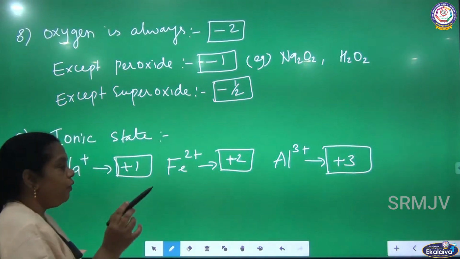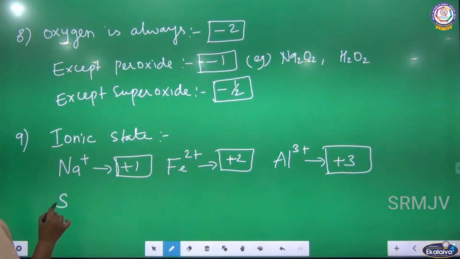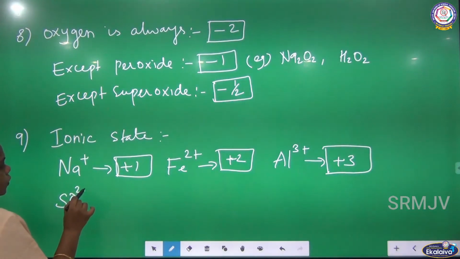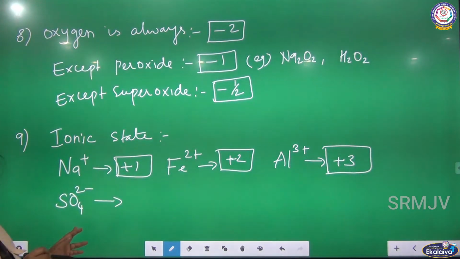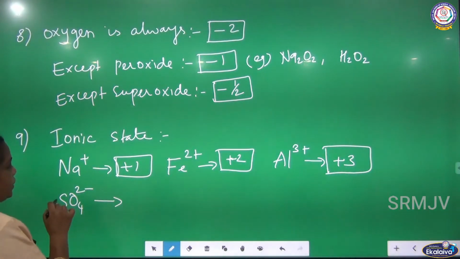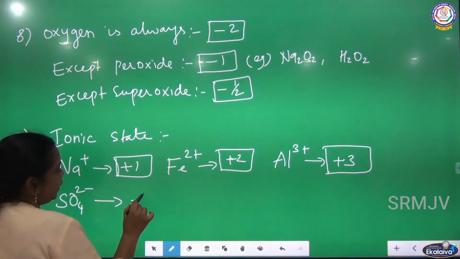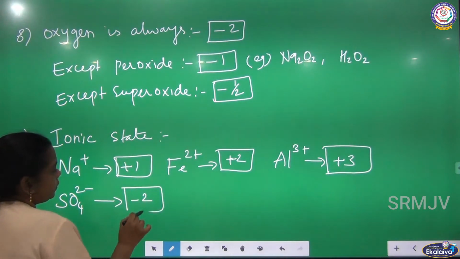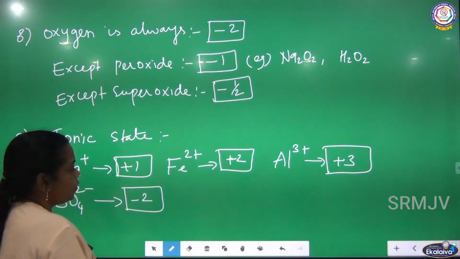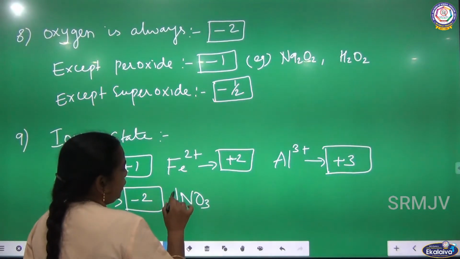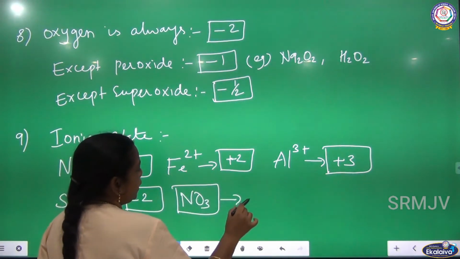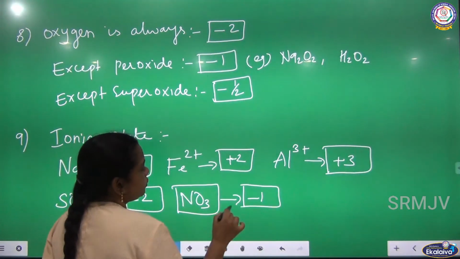The same way for the group SO4 2-, the sulfate ion, the oxidation state is -2. And nitrate, the oxidation state is -1.